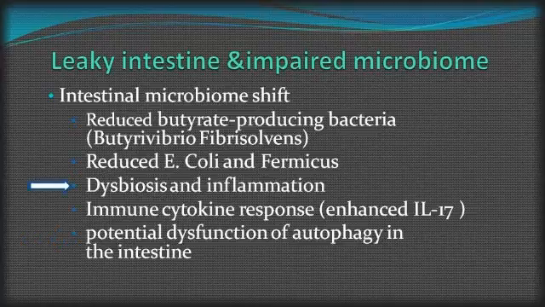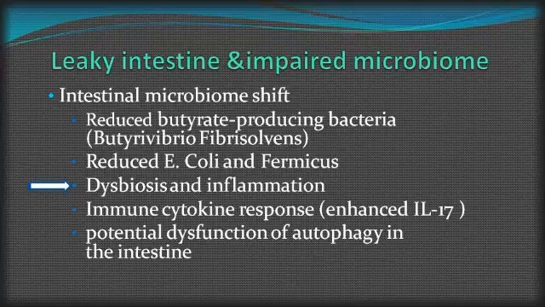Another thing that's found is an intestinal microbiome shift because of these changes. You get a reduction in your butyrate-producing bacteria, and these feed the colonic EC cells, which produce your serotonin. You also have reduced E. coli and Firmicutes.